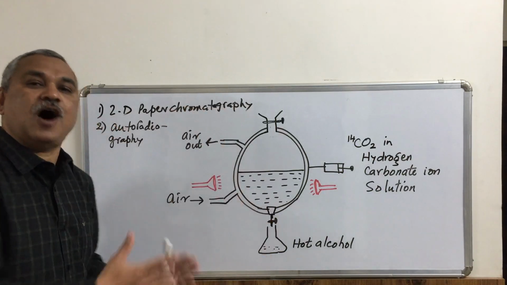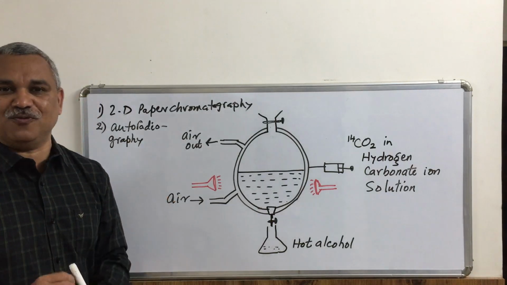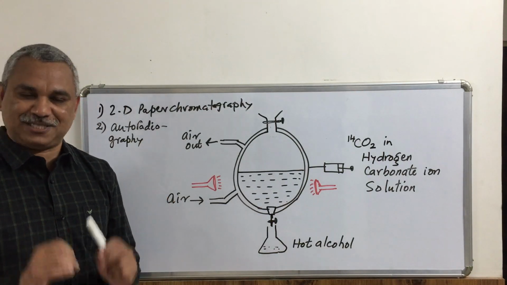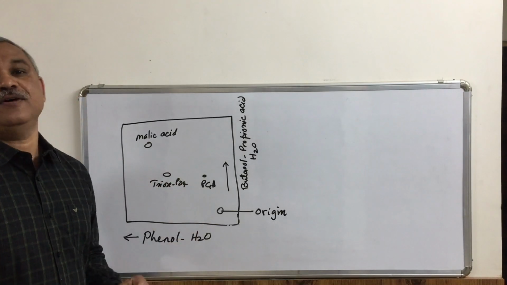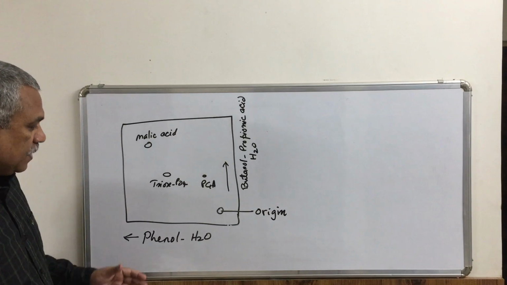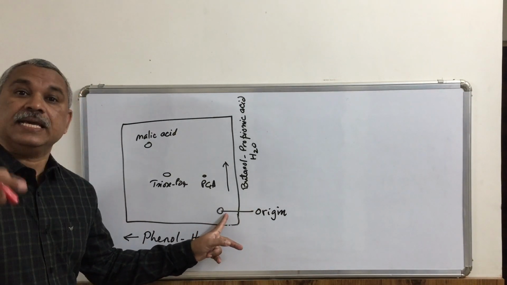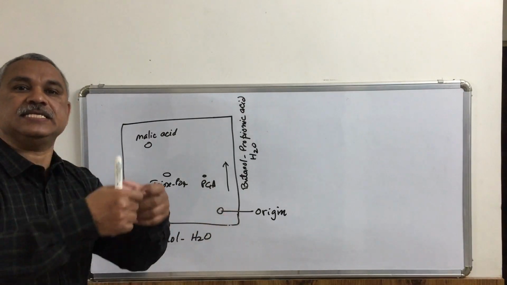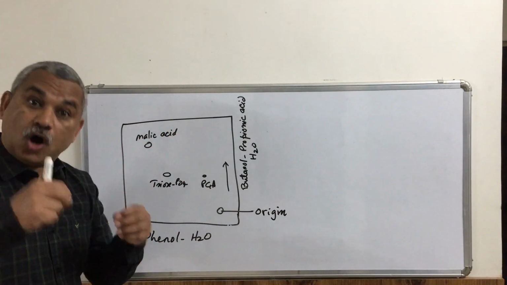Let us look at how the paper chromatography was carried out to prove how carbon dioxide is fixed. This is just an example of a two-dimensional paper chromatography. This is the origin where the sample was loaded, that is the Chlorella collected into hot alcohol.